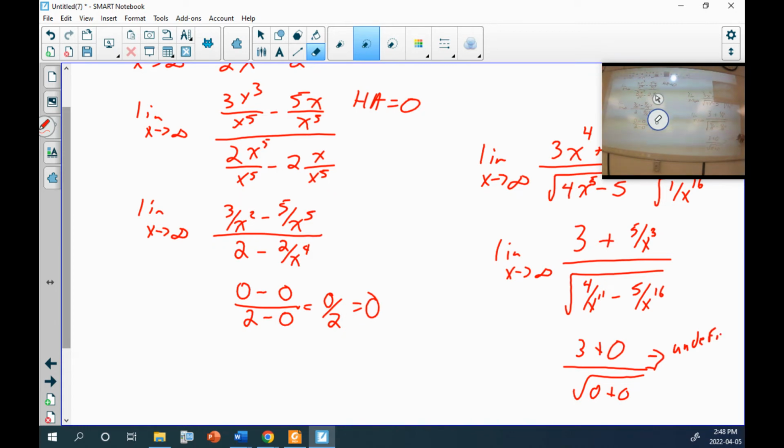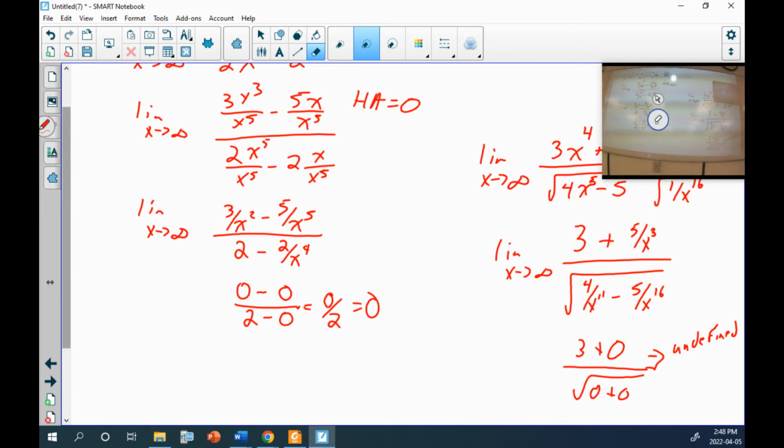This does not have a horizontal asymptote, because it's undefined. Now we also described that we had x to the 4 over x to the 5 halves, higher degree on top than on the bottom. In Math 30, we always said that doesn't have an asymptote.